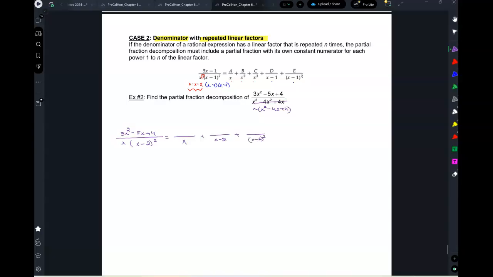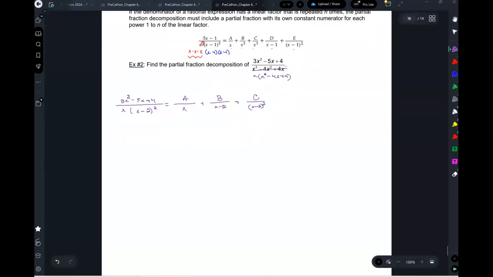So that x minus 2 is the one that's repeated, so that gets multiple ones. On top, I got A, I got B, C. Okay. So we're going to multiply this by x minus 2 squared, and same with this.